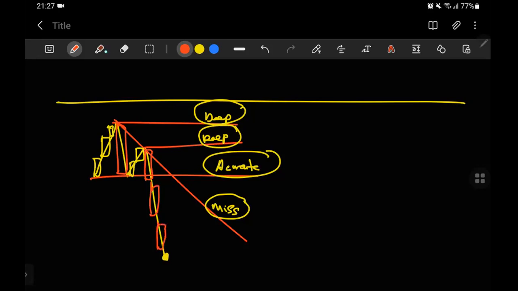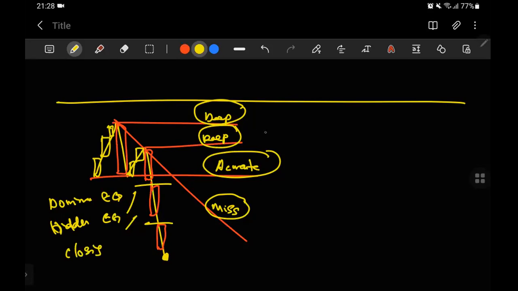Okay, so the gap between this is also a miss area, which some people call dominant engulf or hidden engulf, or we can call it a closing price.